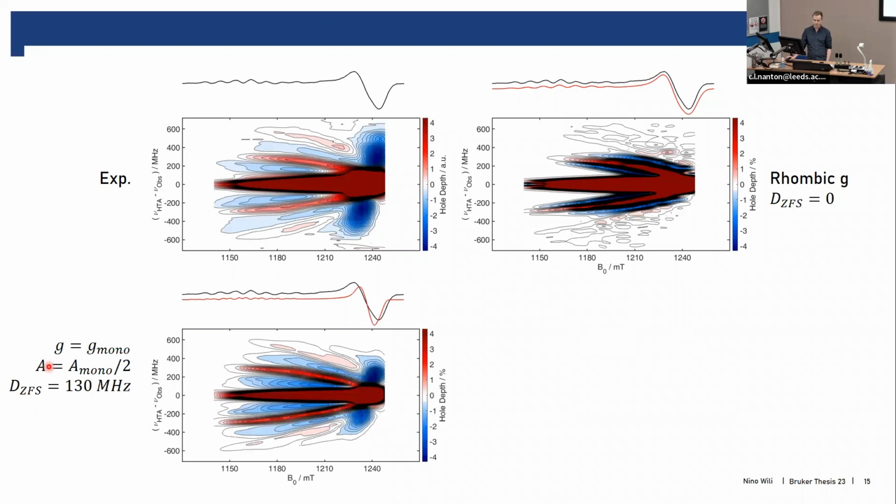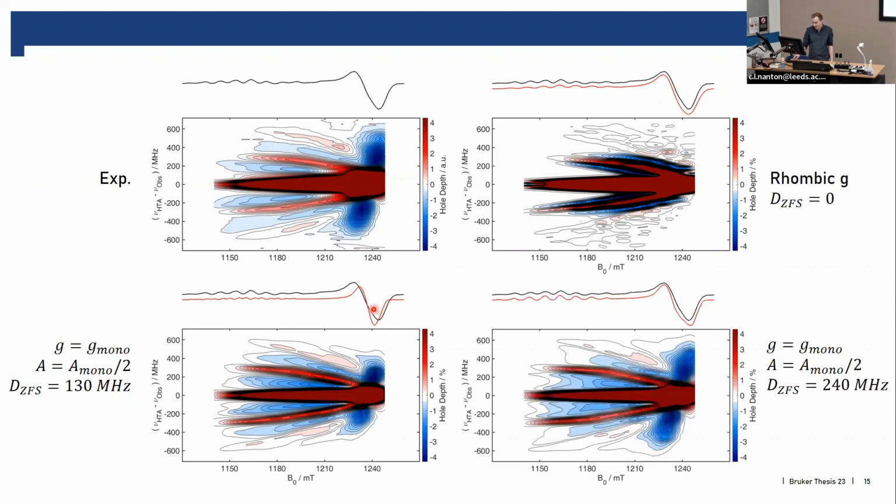And what I did, okay, you could just assume that maybe the G and A values are just the ones of the monomers. And if it's a spin in a spin 1 manifold, the coupling is halved. And then I took the zero field splitting that you expect from the point dipole approximation, and that also doesn't fit.